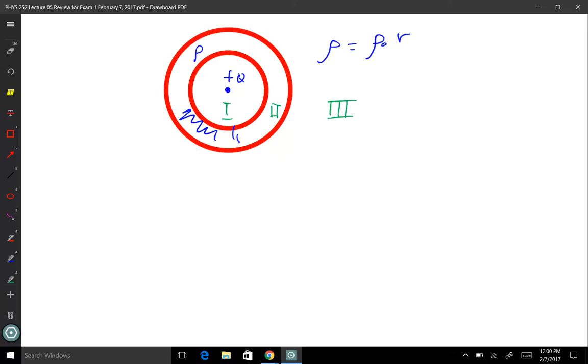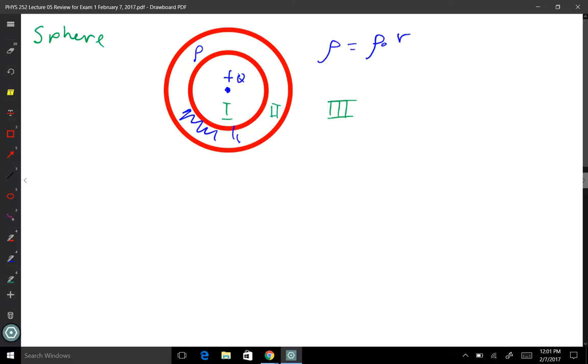And then for each of those regions, I need to define my Gaussian surface. What's the shape of the Gaussian surface going to be? I'm going to write on here the word sphere, because if you just look at the pictures, you won't know that it's a sphere by my pictures, will you?